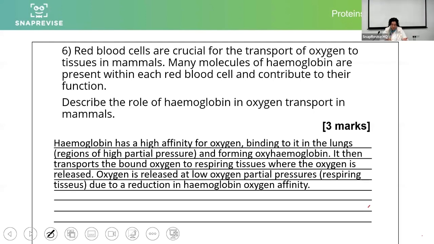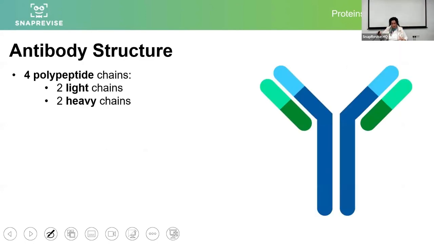And so hemoglobin is going to have a lower affinity at the respiring tissues with lower partial pressures. So the key in describing the role of hemoglobin is describing the idea that hemoglobin has different affinities for oxygen depending on the partial pressures of oxygen. High affinity when oxygen is abundant, high partial pressures. That's good because it can bind oxygen. Low affinity at low partial pressures.